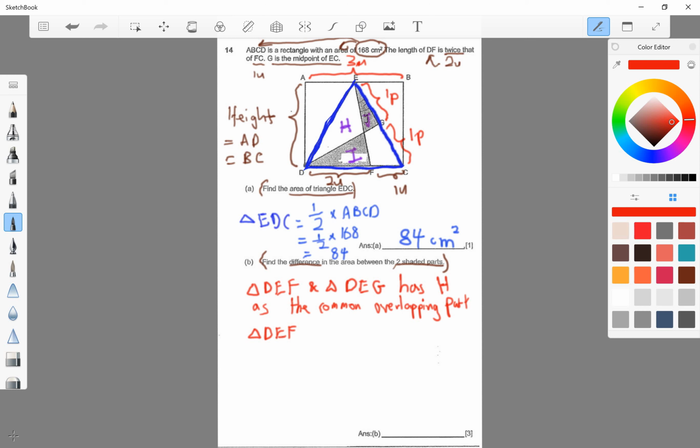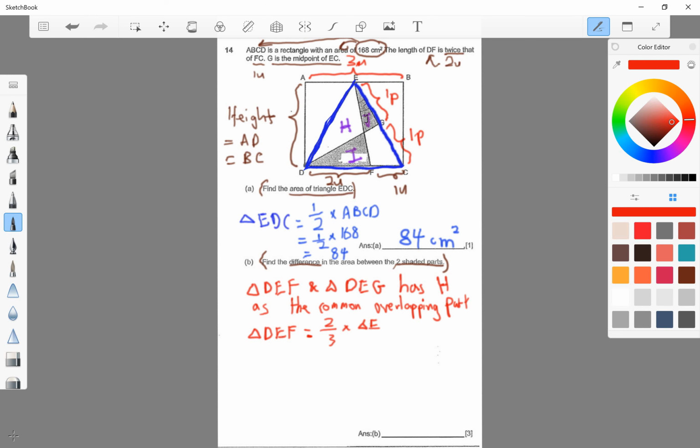Given that the base of triangle DEF, DF, is 2 units, whereas the entire triangle EDC has a base of 3 units, triangle DEF has got to be 2/3 of triangle EDC.